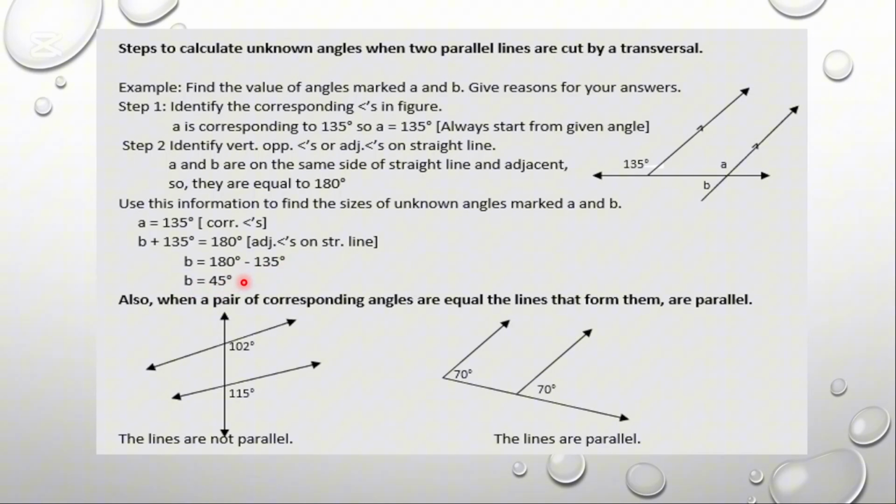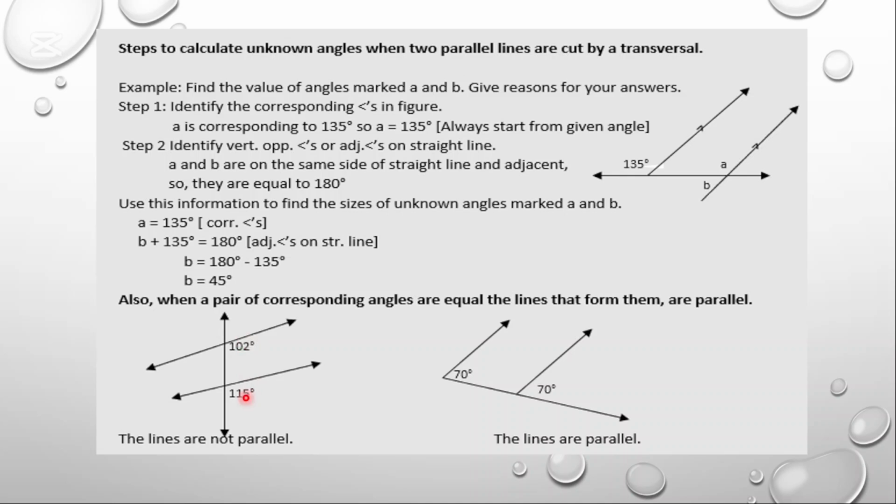Right. Now also, when a pair of corresponding angles are equal, the lines that form them are parallel. Look at this one. This angle, 102 degrees, is corresponding to this angle marked 115 degrees. They are corresponding angles, but they are not equal.